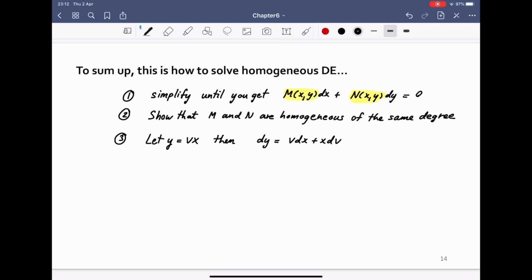This is by product rule, but you are just trying to write it in the form of differentials. So you have dy equal to v dx plus x dv. And then number 4, replace dy into the original differential equation.